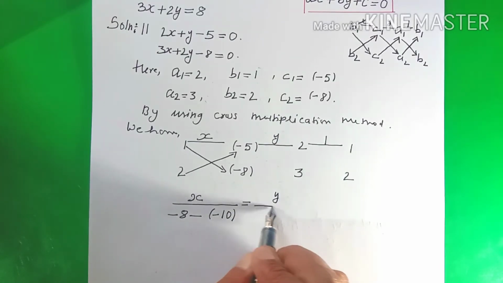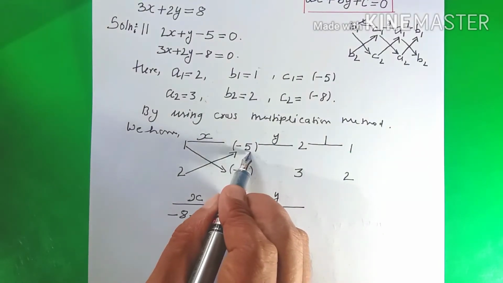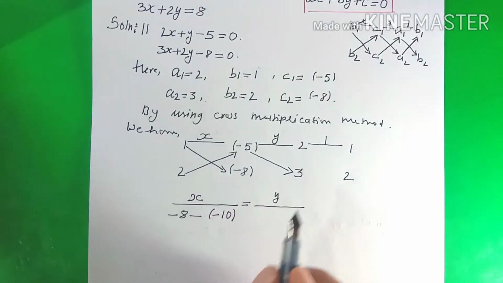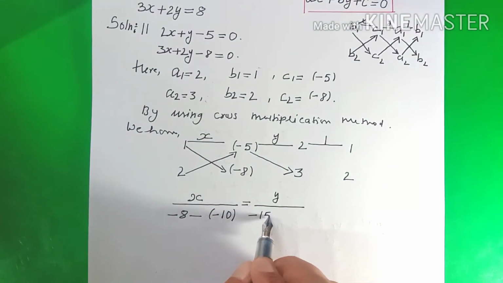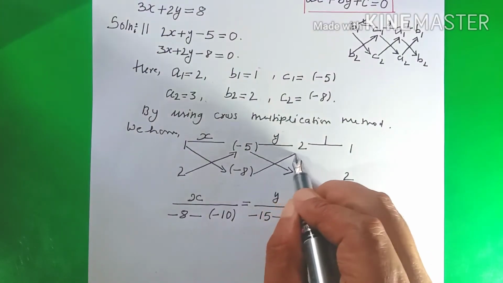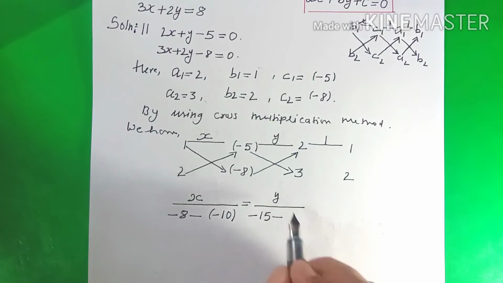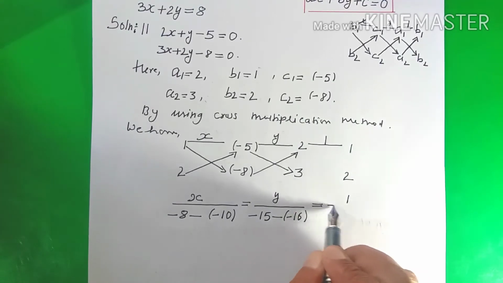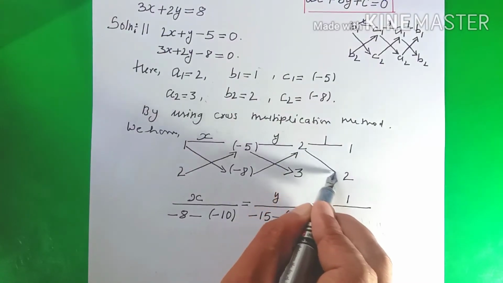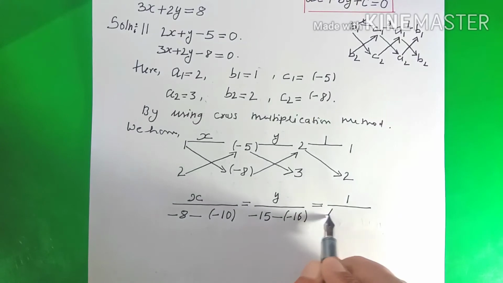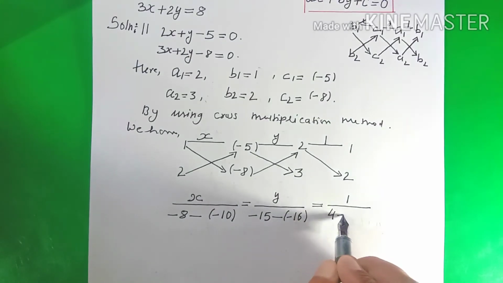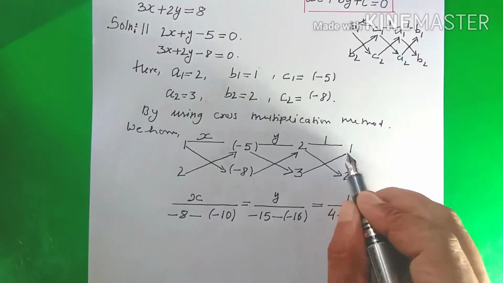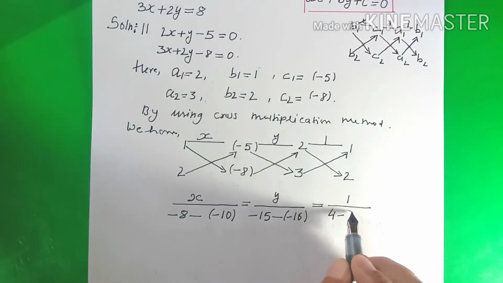Again to get the y value, multiply these two values, minus 15. After that, minus sign. Again these two values, 8 twos are 16, but here negative 16, which is also equal to 1, divided by again these two values: 2 twos are 4, followed by minus, again these two values, 3 ones are 3.